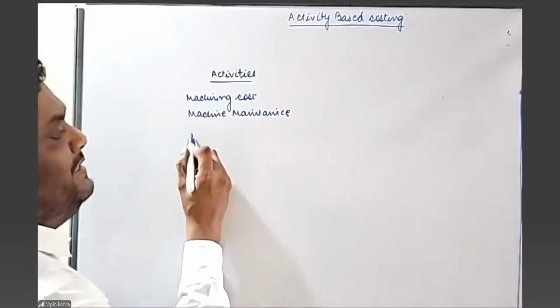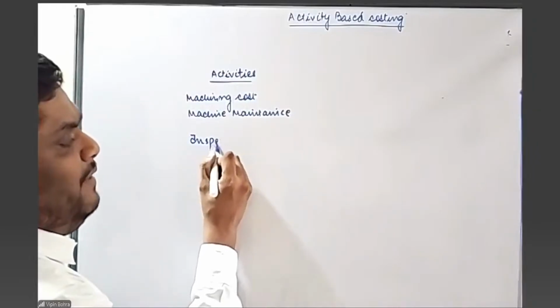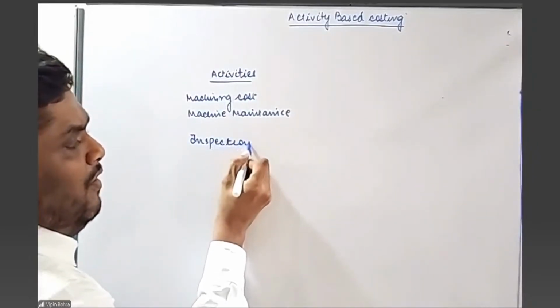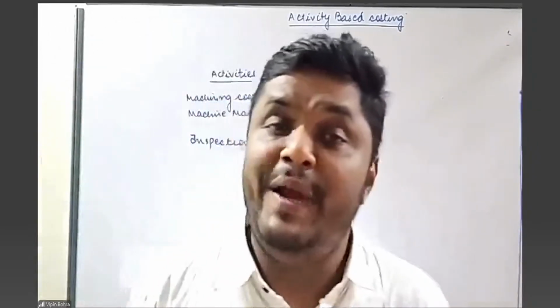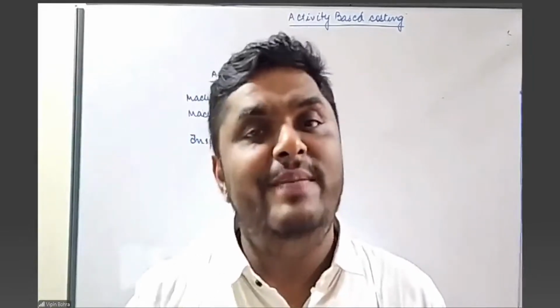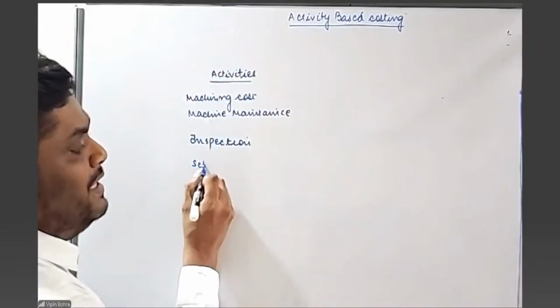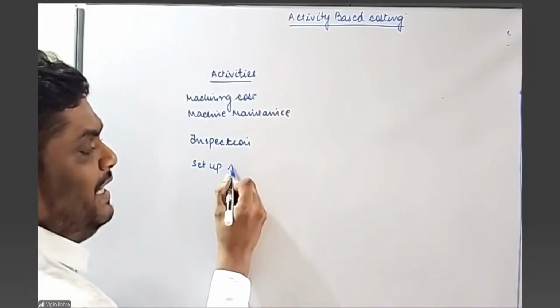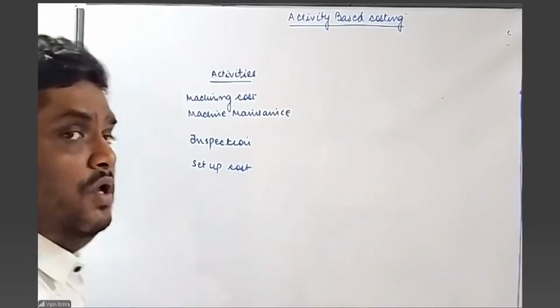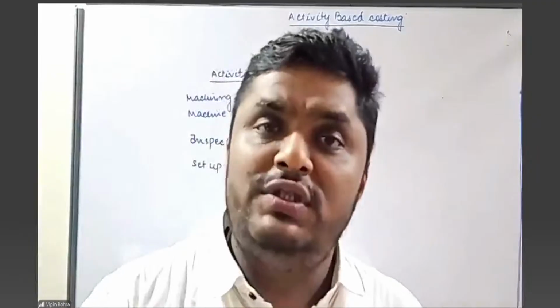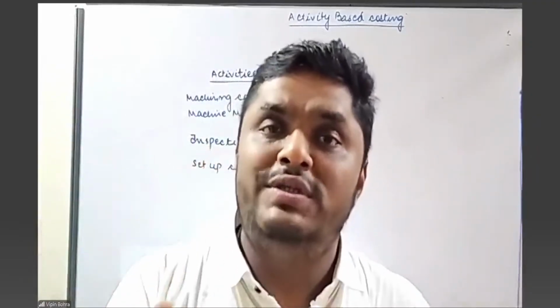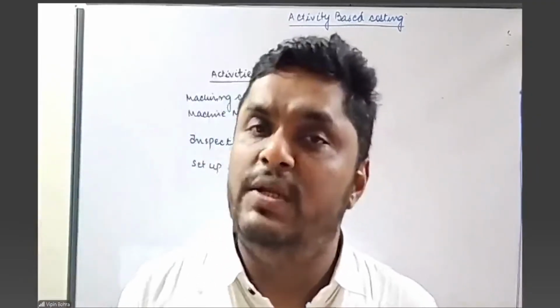Another thing, let's say inspection can be an activity. Once the product is ready, we do inspect the product. So inspection can be an activity. Thereafter, we can say setup. So every time you start the production, you have to set up the machine and set up the production process.